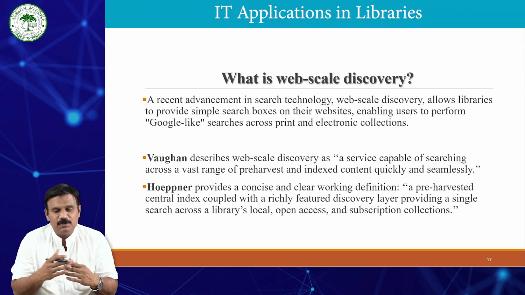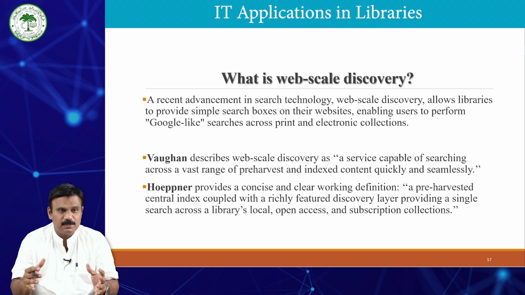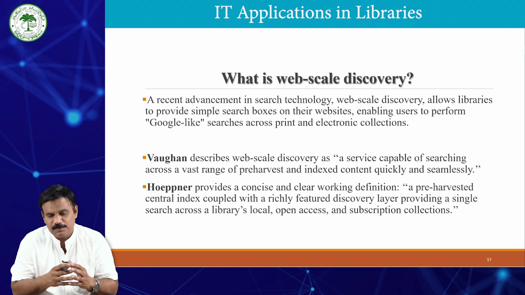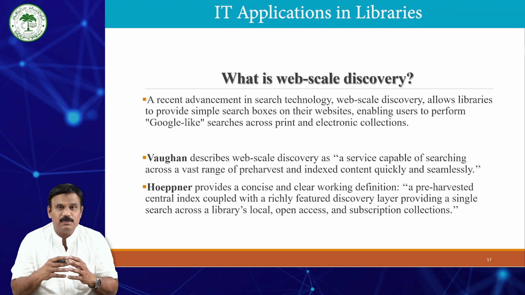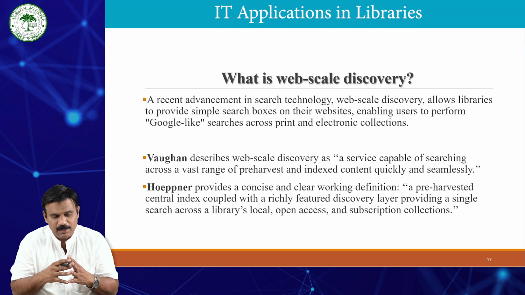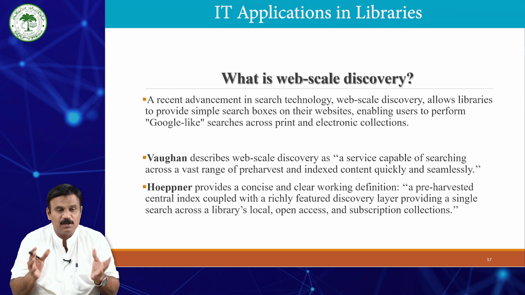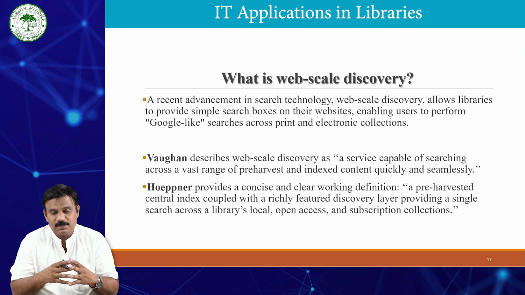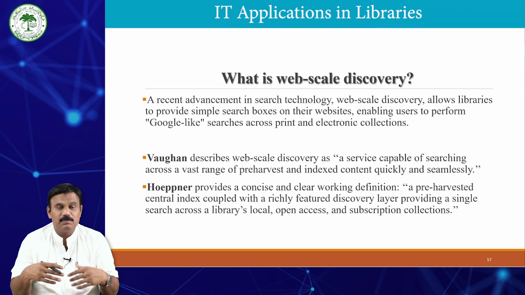So from both definitions, it is clear that web scale discovery has a pre-harvested, pre-prepared central indexing system, and that system has a discovery layer which will search across library local databases, open access databases, subscription-based collections, etc.